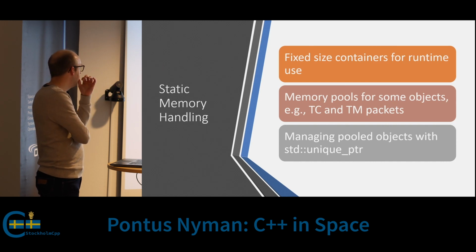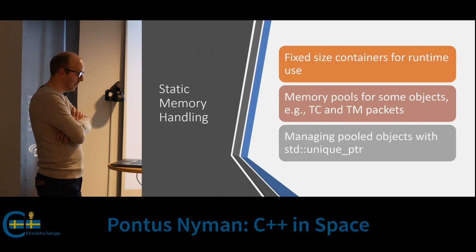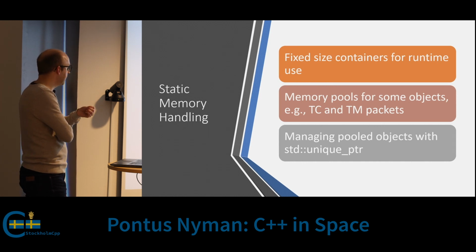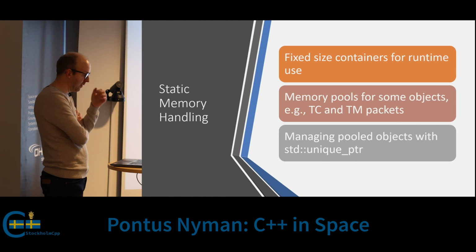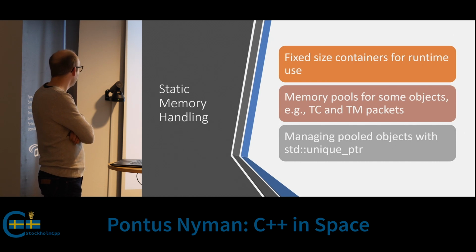We manage the pooled objects, move them around using unique pointers with std move, and when they go out of scope and you haven't moved them, they automatically go back to the memory pool with a little help from a custom deleter. This is something that has served us really well. It has enabled us to have this kind of static memory software.